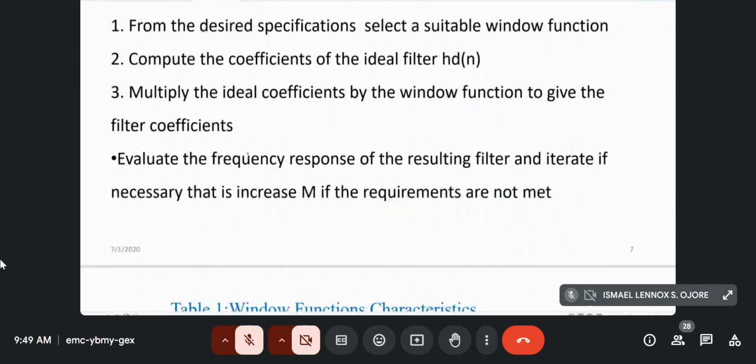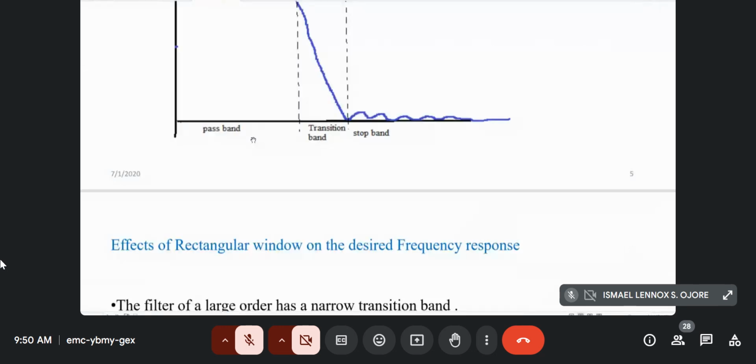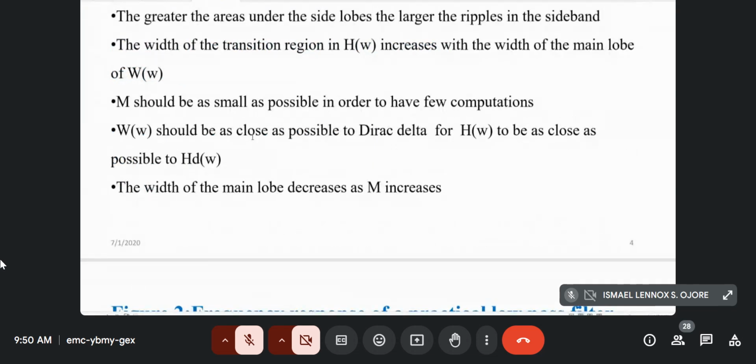We are saying, of course, in future design, you try to use the lowest M, the lowest order that will give you the desired result, to reduce the computations. Basically that's what happens in communication.